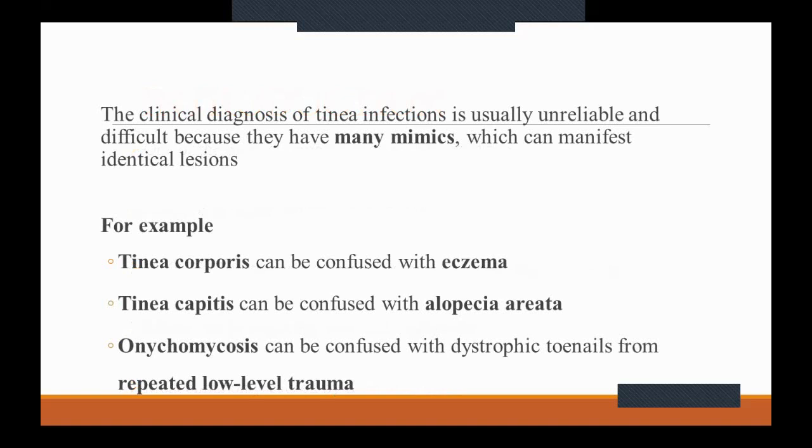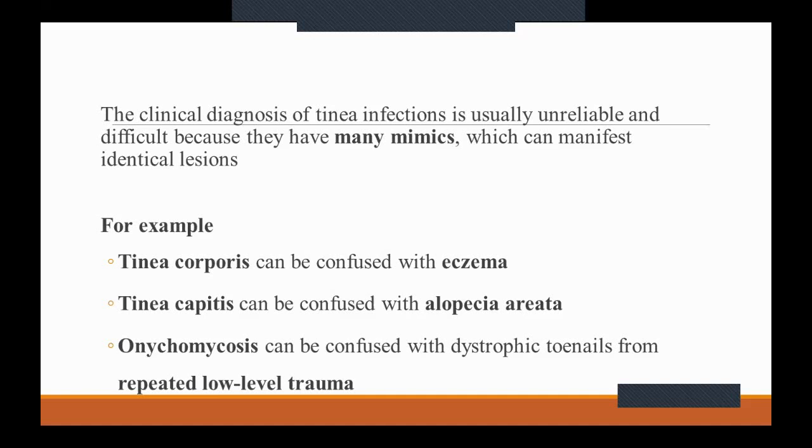So we know that the diagnosis of this fungal infection or tinea is made by clinical observation only, but sometimes it is very difficult to tell clinically whether this is tinea only or some mimicker.